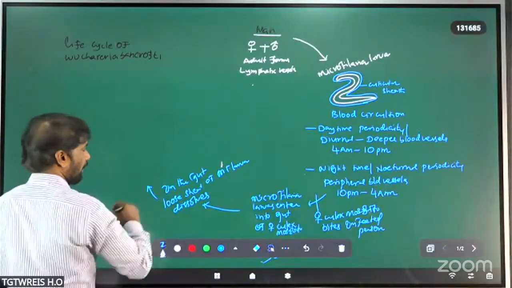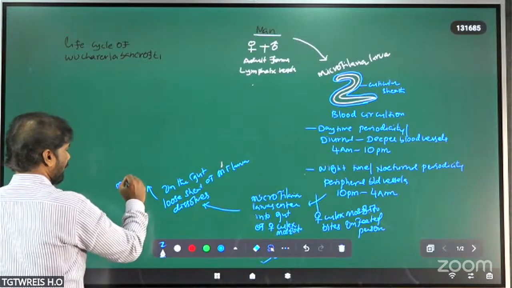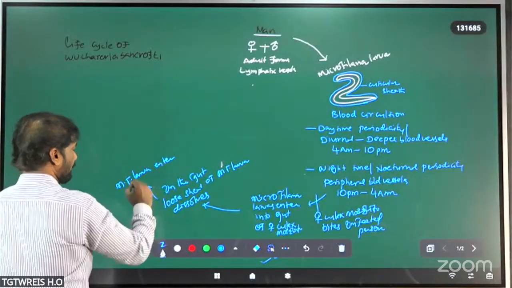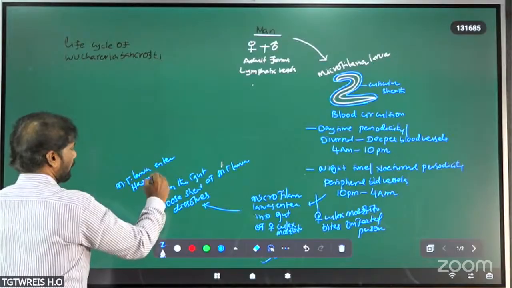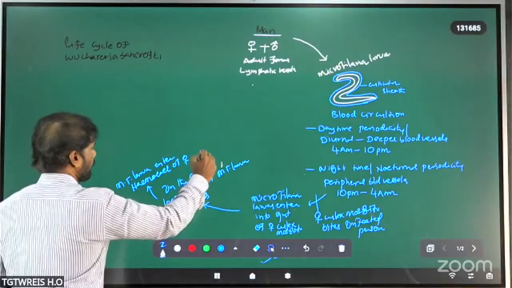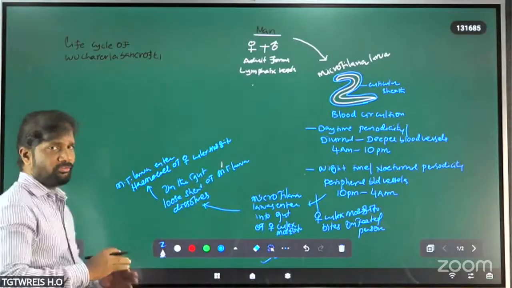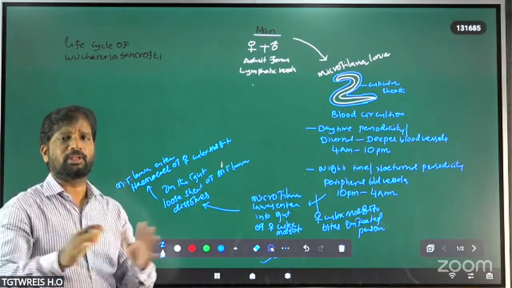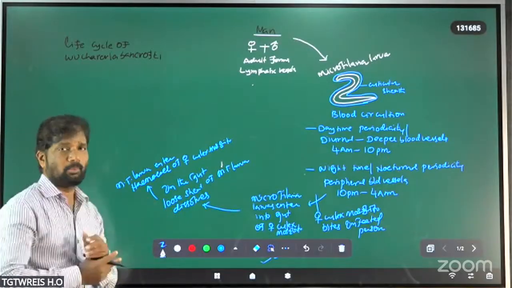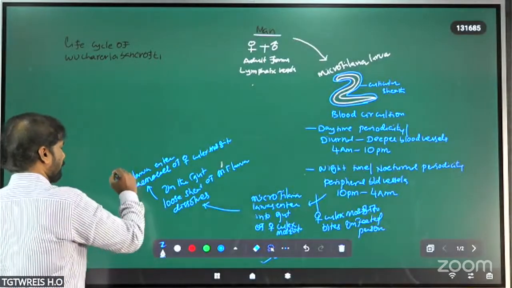Now the unsheathed microfilaria larva, free from the sheath, enters into the hemocoel of the female Culex mosquito.